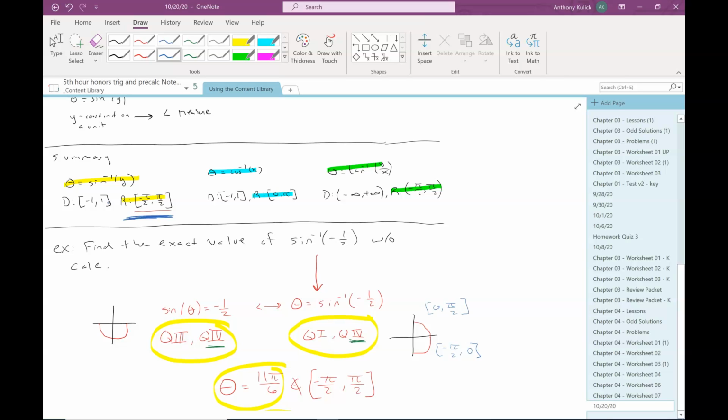That's stuff between 0 degrees and 90 degrees. The stuff between negative pi over 2 and 0 is quadrant 4. That's the stuff between negative 90 degrees and 0. Remember, negative means we're going clockwise instead of counterclockwise. So that's quadrant 4. Okay. Does that feel okay? Yeah. Okay.